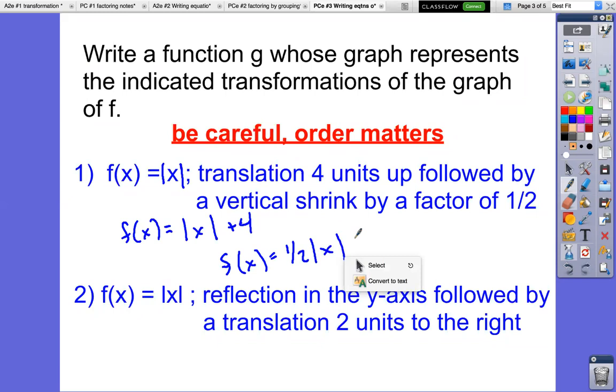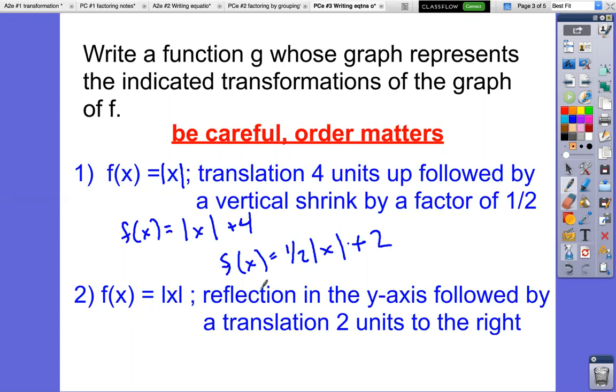And then half of 4 is plus 2. So the absolute value or the linear equation, it really works the same way. In fact, we're not really going to talk much about the linear equation with this. I just want you to be aware of it.